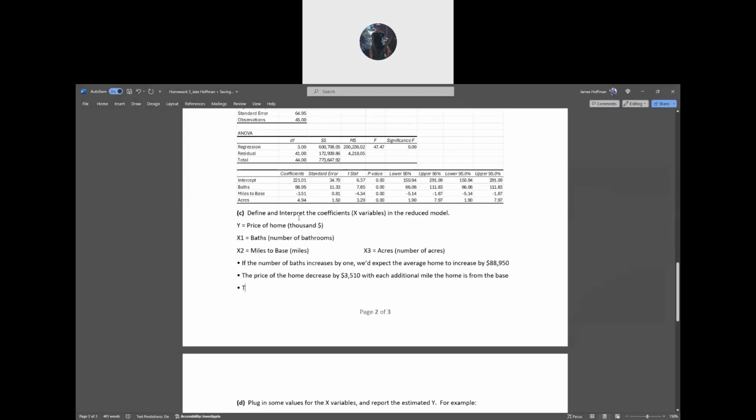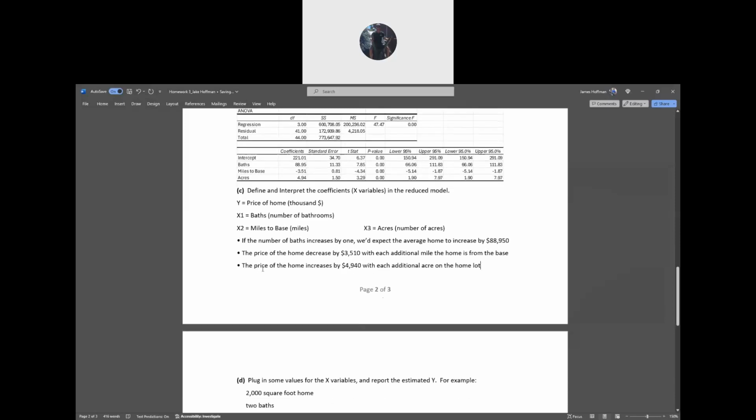All right, so basically each acre increases the home by $4,940 with each additional acre on the home lot. Okay, that's all pretty standard, right?